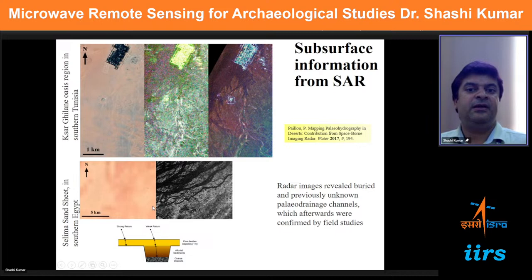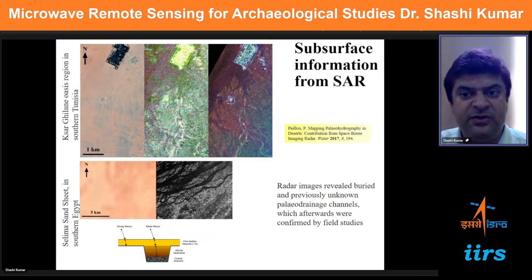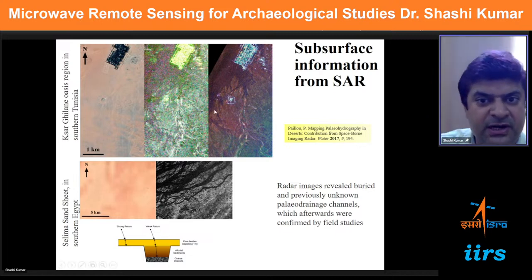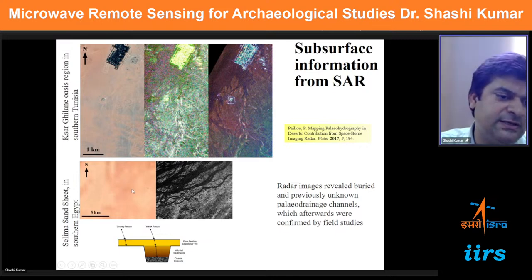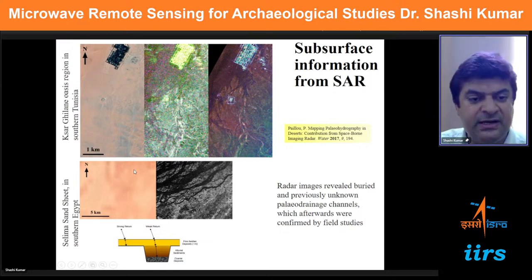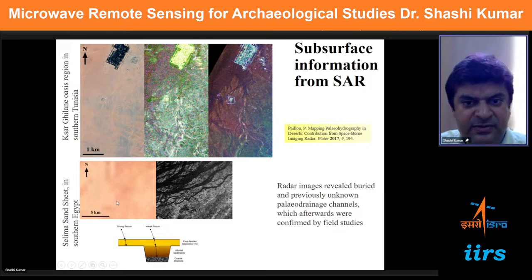Now, this is another image in which we are going to talk about the surface penetration capability of the SAR data set. Here you can see the optical multispectral data set, and here also the optical multispectral data set. This is an area of southern Egypt, and the surface appears very smooth. But when the same area was imaged with the SAR data set, you can see that there is complete penetration, and you are able to see the paleo channels.